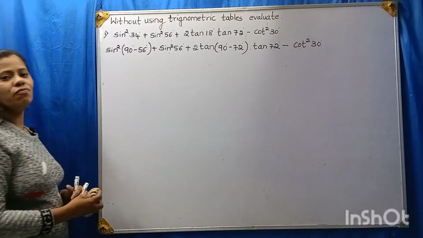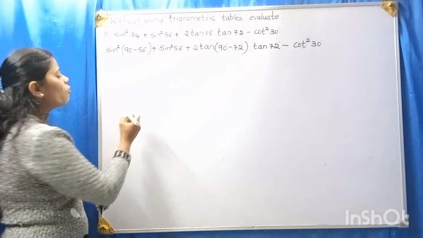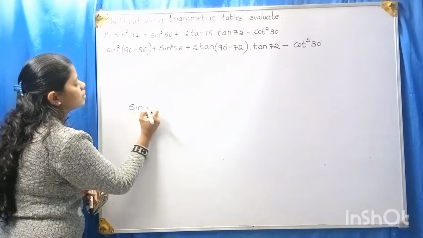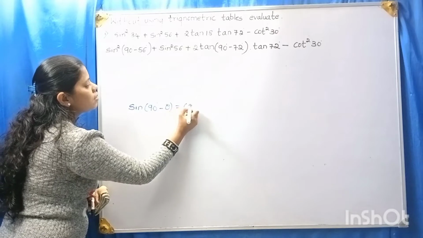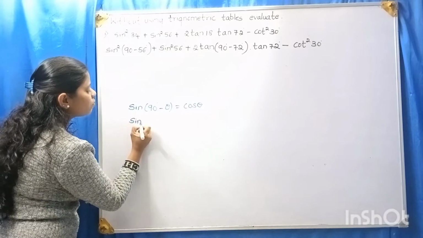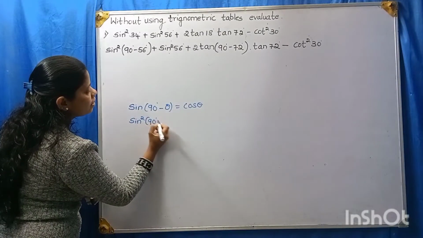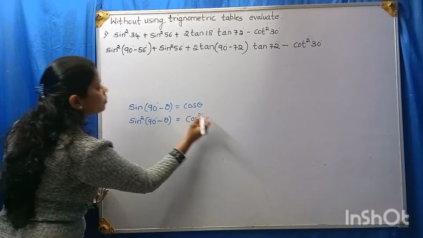Now we know the formula. Sin 90 degree minus theta is what? Cos theta, right? Sin 90 degree minus theta is cos theta. In the same way, sin square 90 degree minus theta will become cos square theta.